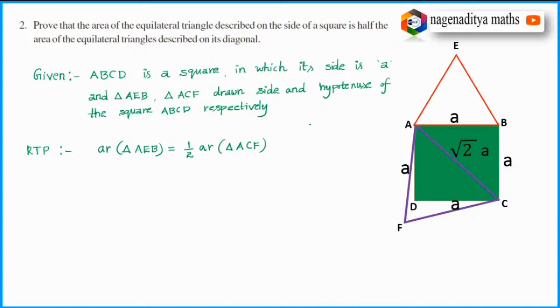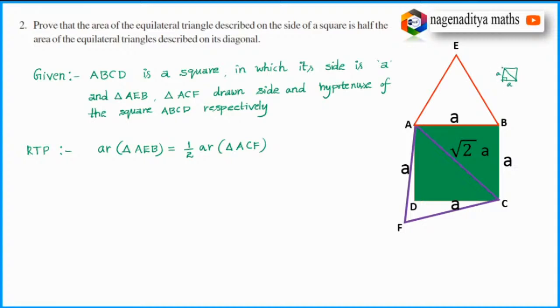Okay, so we know that in a square, if the side is small a, then its diagonal is root 2a. How did you get this? If you take a square, this is a right angle triangle, this side is small a and this side is small a.